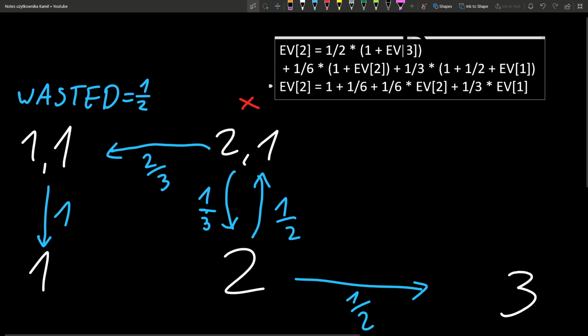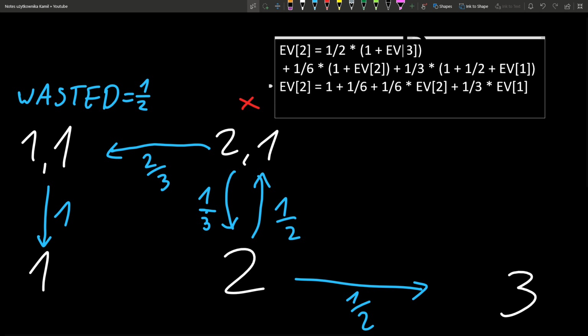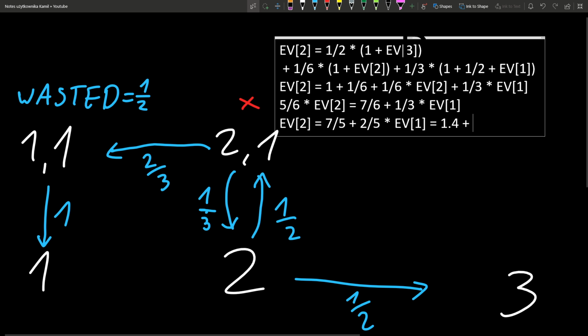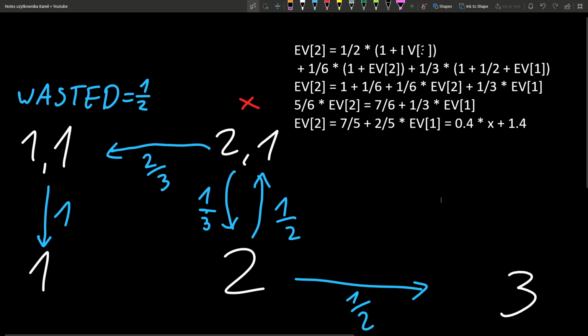And we are getting something nice. 5/6 times EV of 2 is equal 7/6 times 1/3 times that times 6/5. I got this. So this is 1.4 plus 1.4. What did my program get instead?